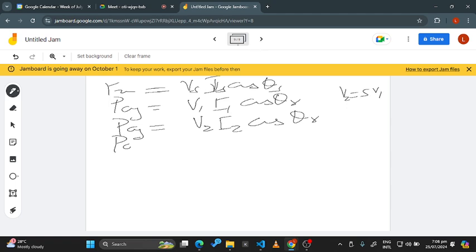So then we can say that P_AG is equal to S V1.